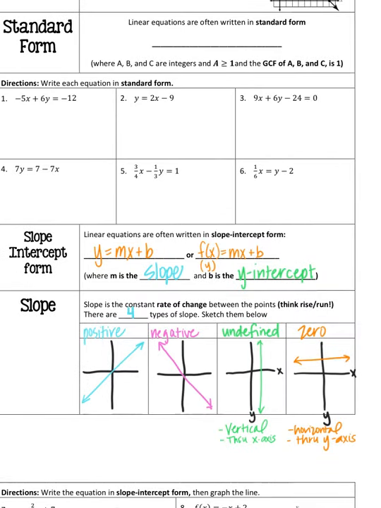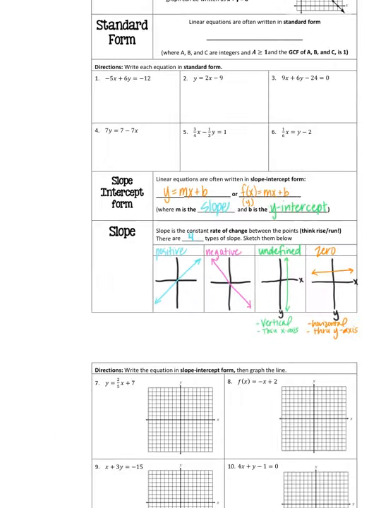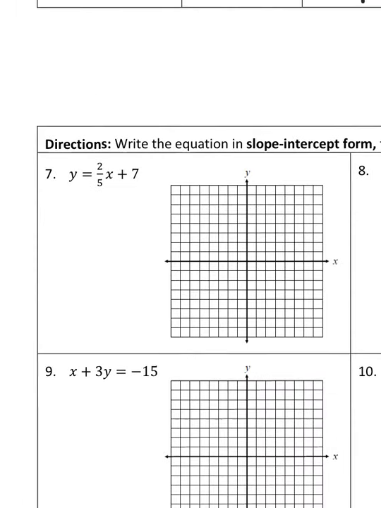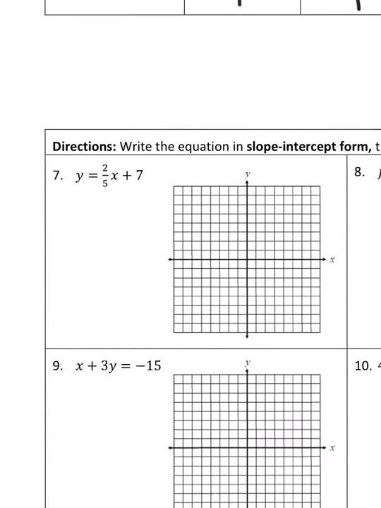Y equals mx plus b is what we need to focus mostly on right now. Y always has to be by itself. So let's go ahead and try a couple. What I like to do is highlight my slope and my b. Again, let's write this out: y equals mx plus b.